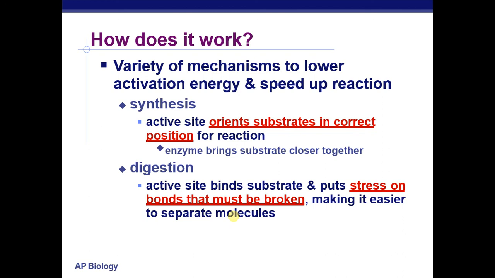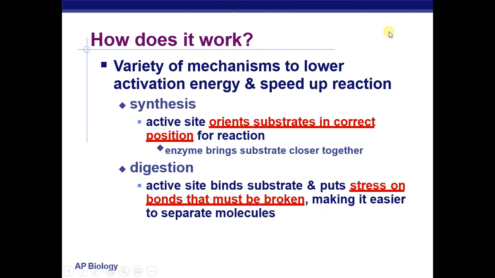They bring certain substrate molecules closer together so it's easier for those reactions to occur, and also the active site in binding with the substrate puts stress on the bonds in the substrate molecules that must be broken, making it easier for those molecules to separate without those bonds reforming.